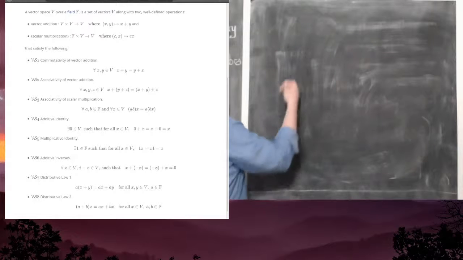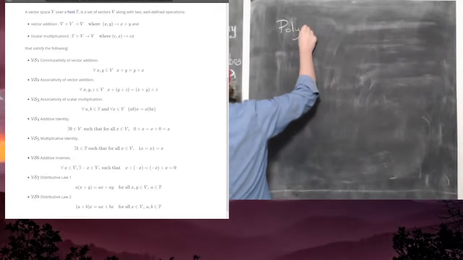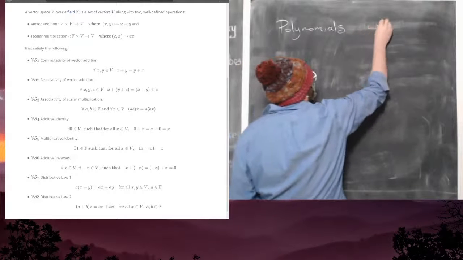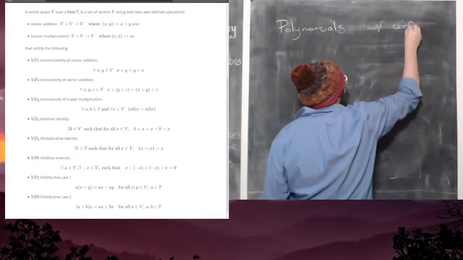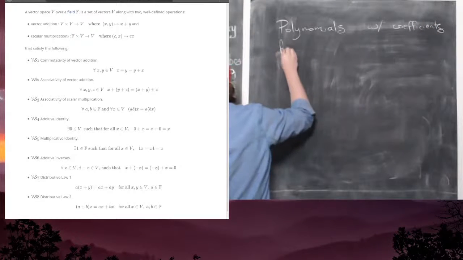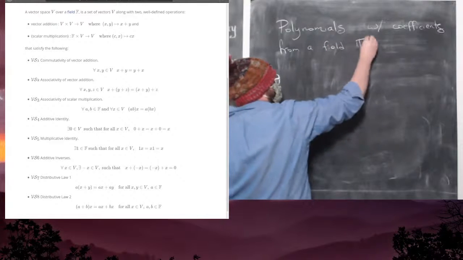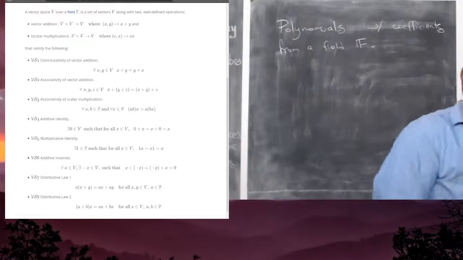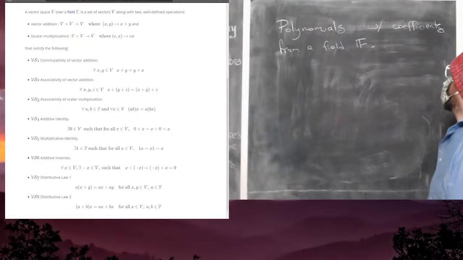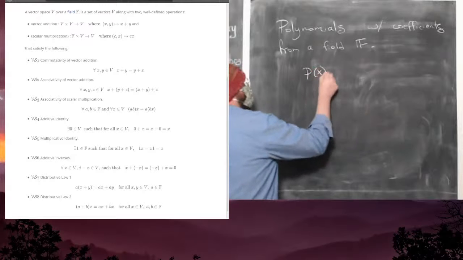Well, they're really just one, and that's the polynomials with coefficients from a field, F. So from this field F, what are these things? These are the things that look like this.